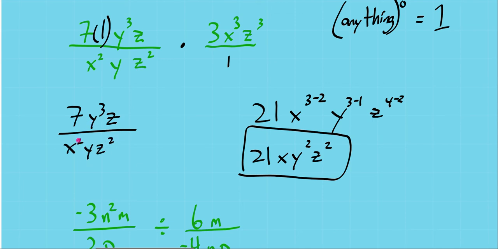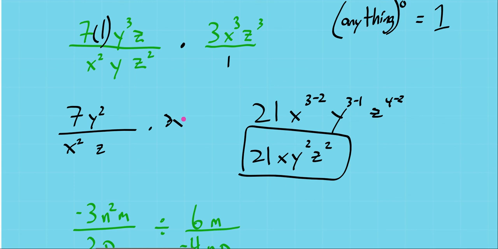Now we have 2 x's on the bottom, 3 on the top, so that's 2 left on the top, so 3 minus 1. And with the z, we have 1 on the top and 2 on the bottom. So we've got 1 z left. So of these 3 y's, when I get rid of this one, kind of knock it out with 1 pair there, z to the 1 and z squared. If I cancel, I'm left with still 1z on the bottom.